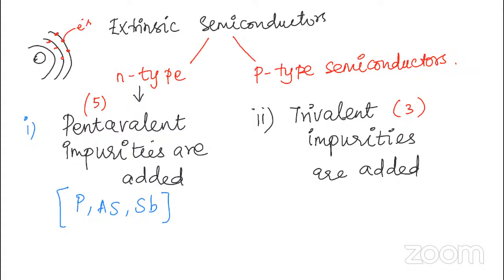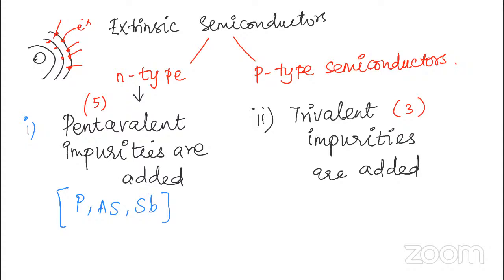So for the n type, the 5 atoms are added to the outermost shell. The process of adding impurities to semiconductors, we name it doping.